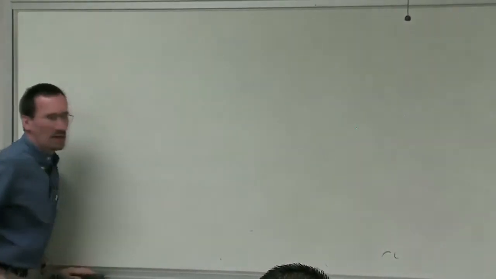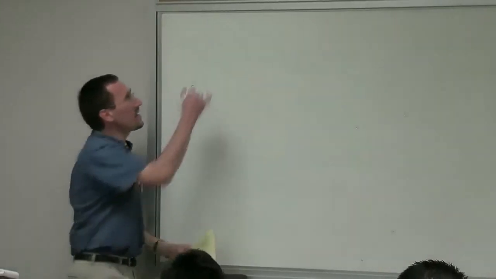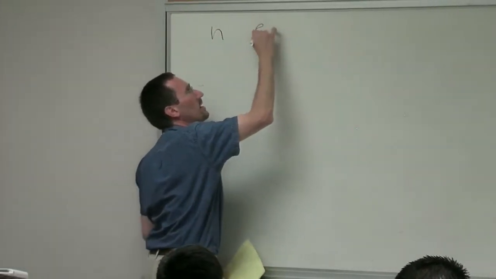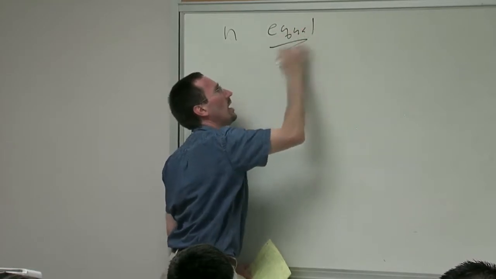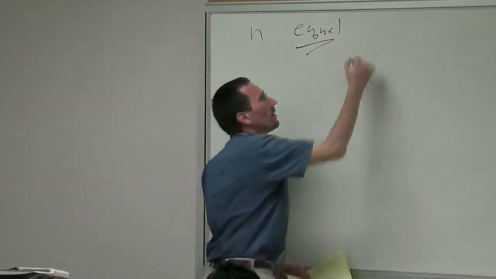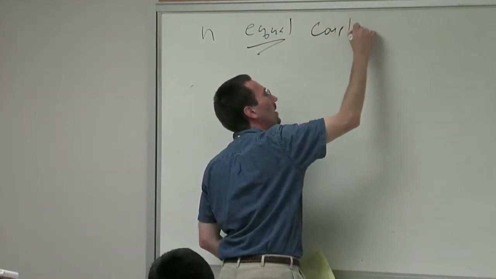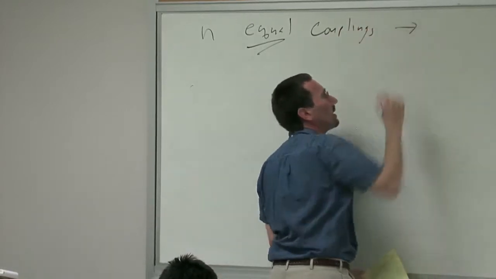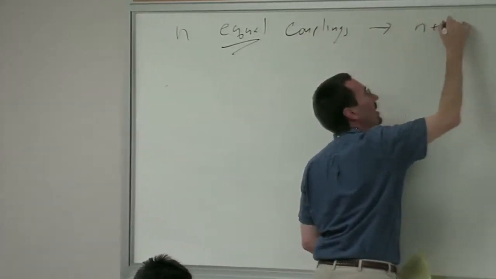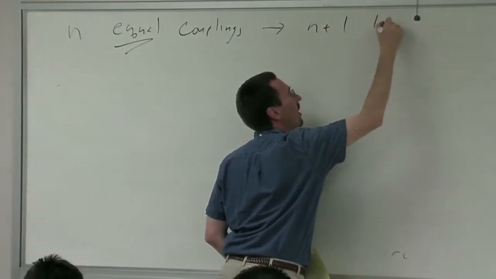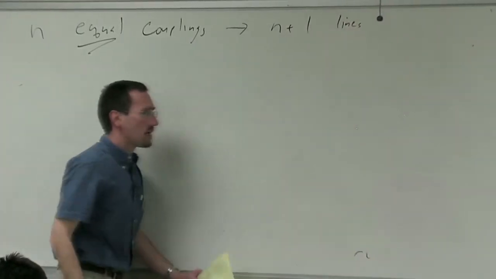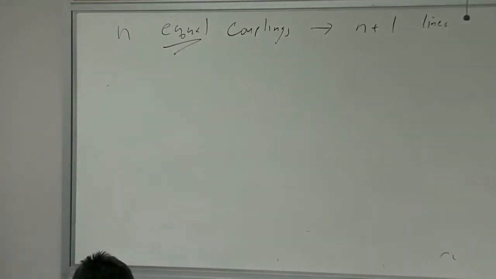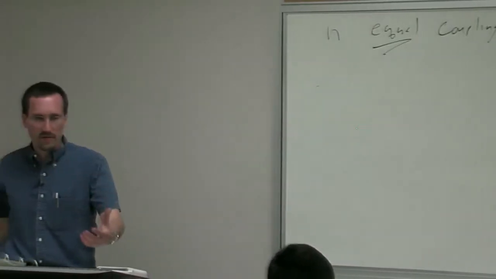And we can generalize this idea to say if there are n equal couplings, they lead to n plus 1 lines. So if there are 4 equal couplings, you get 5 lines.